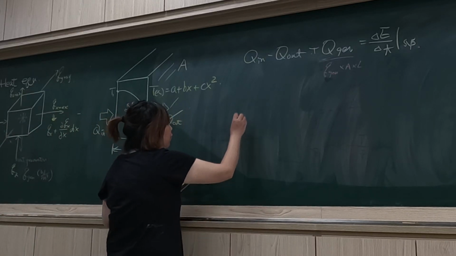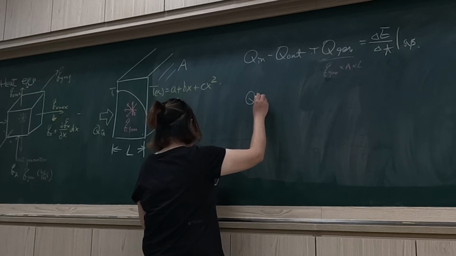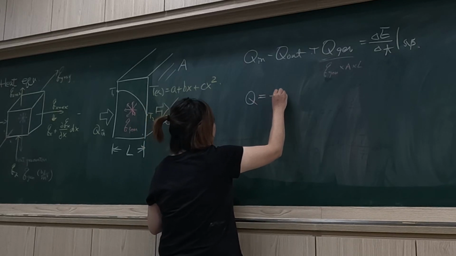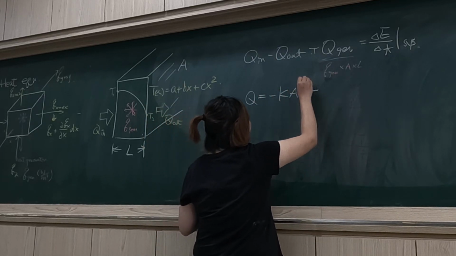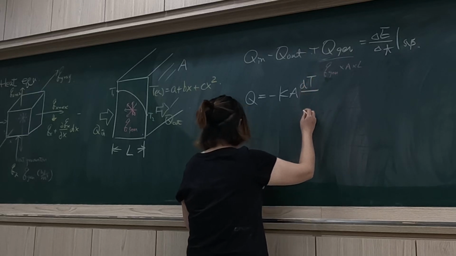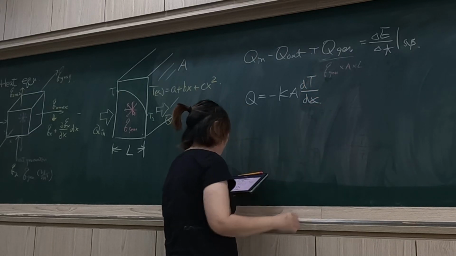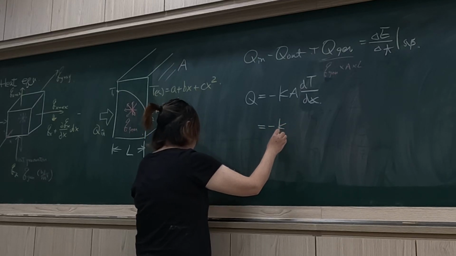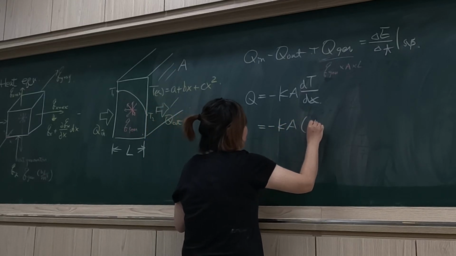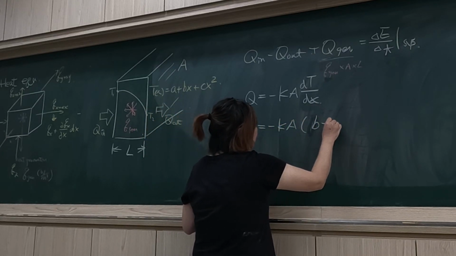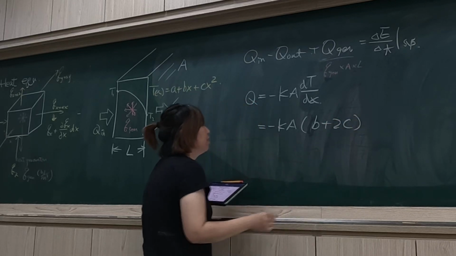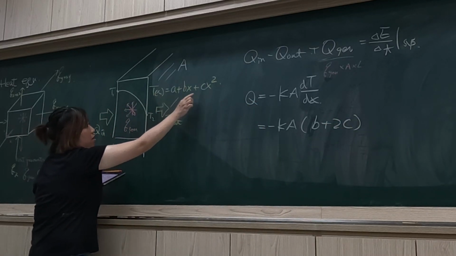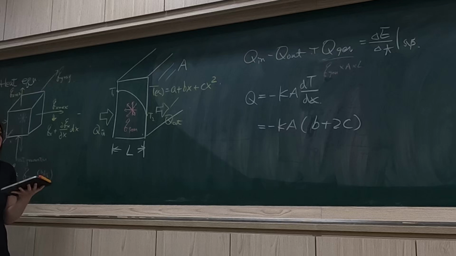So first we can start from Fourier's law. Q equals minus k A dT/dx. Then minus kA times (B plus 2Cx). Okay, we just differentiate once.